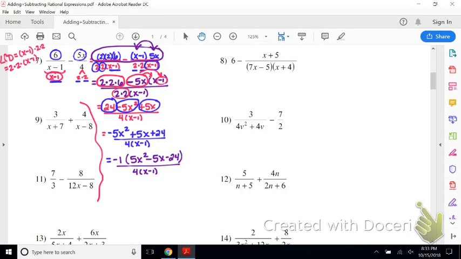So we need to check and see, can we factor the numerator there, that 5x squared minus 5x minus 24? So let's see, I don't have any room, so I'm just going to come over here and use this area here. So I'll do a bubble too. So 5x squared minus 5x, what is it, minus 24?